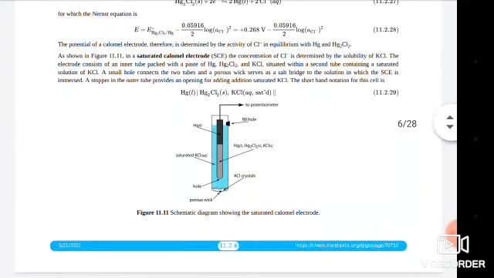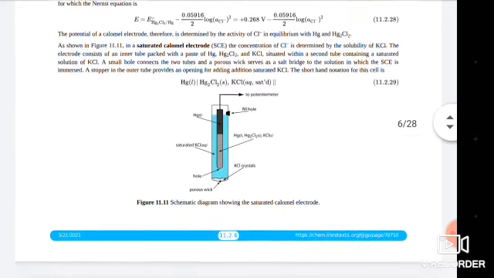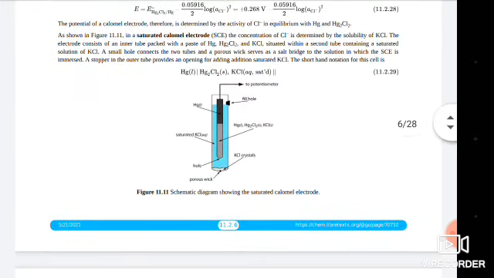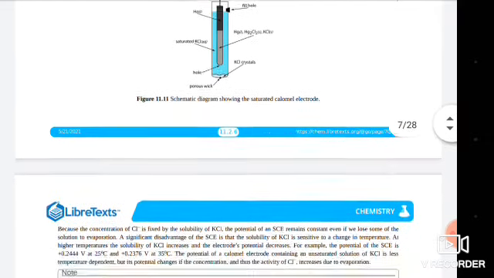A stopper in the outer tube provides an opening for adding saturated KCl. The shorthand notation for the cell is Hg liquid, separated by a single line, Hg2Cl2 solid, KCl aqueous saturated, and separated by means of the salt bridge.